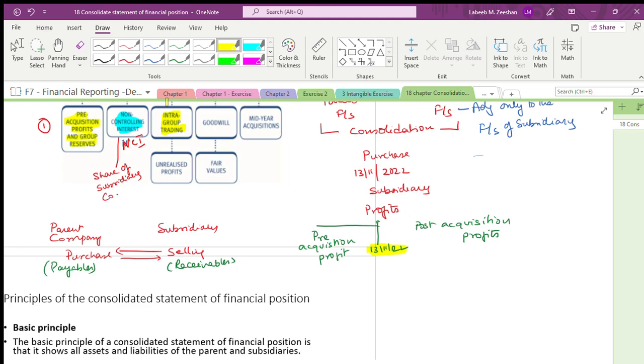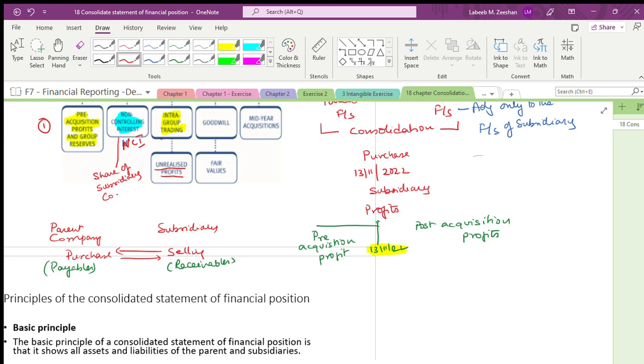One of the critical things, I cannot say difficult, it is very simple once you understand, but it is very challenging, is unrealized profit. Unrealized profit arises when you are selling and purchasing between the subsidiary and the parent company.